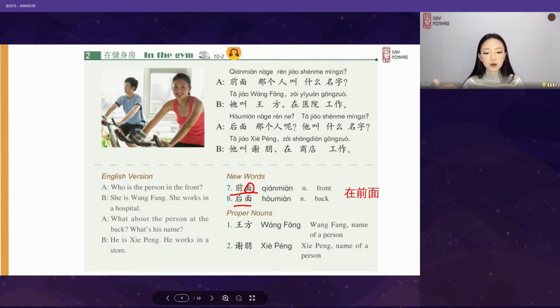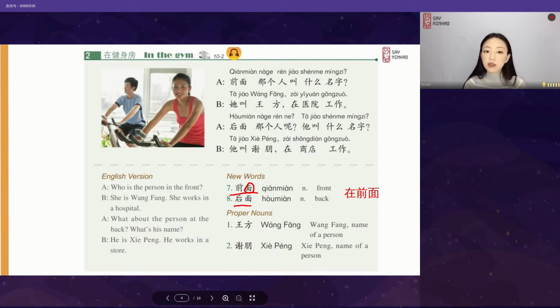Now let's move on to our proper nouns. One is 王芳. Read after me, please. 王芳. It's a name in Chinese, and in this name, Wang is the family name, the last name, and Fang is the first name. So in Chinese, we put the last name, the family name at the beginning, and then we say our first name.